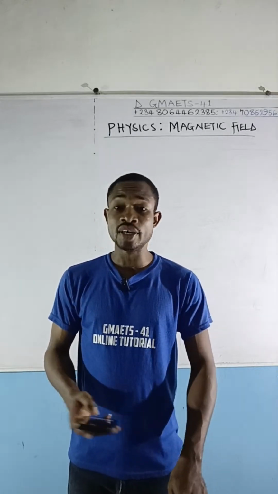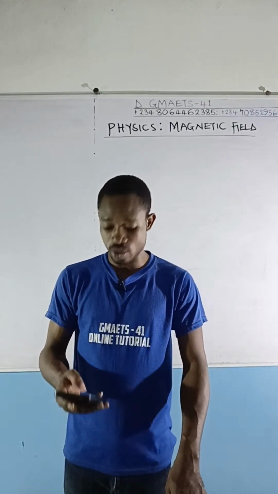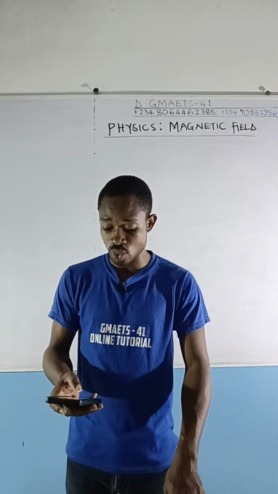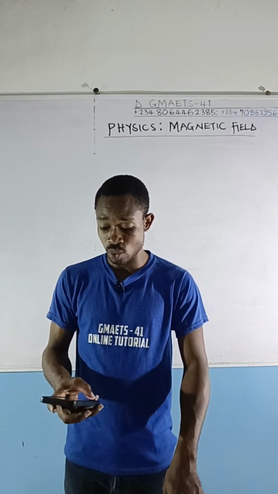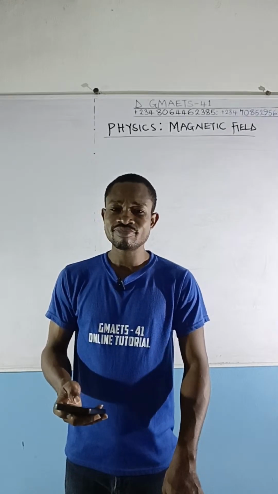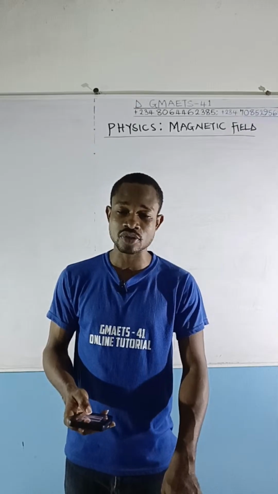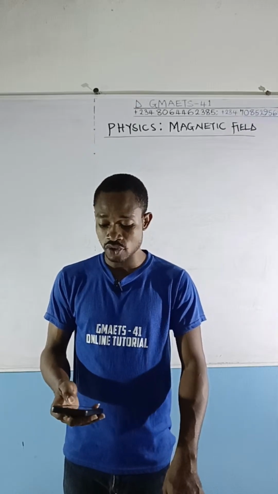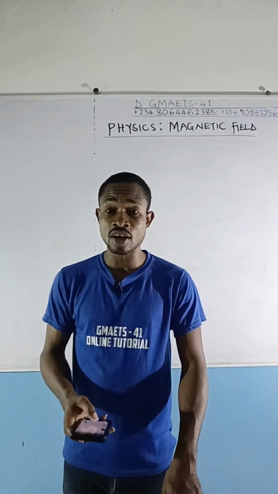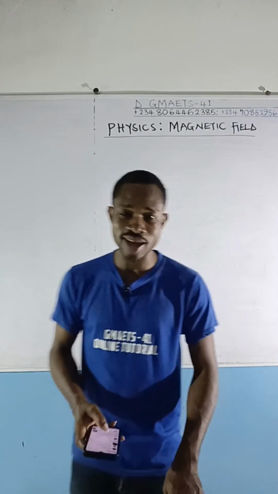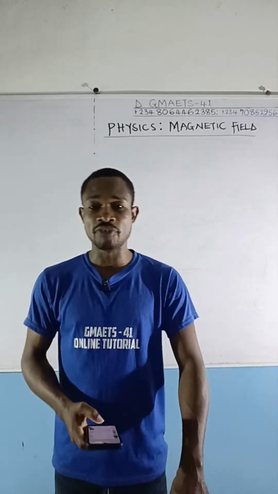We shall be looking at the concept of magnetic field briefly, within the limit of time that we have. And of course, we will be getting to learn some things about magnetic field, including what is called magnetic flux. We're also going to give attention to the concept of magnetic force that is acting on a charge moving in a magnetic field.